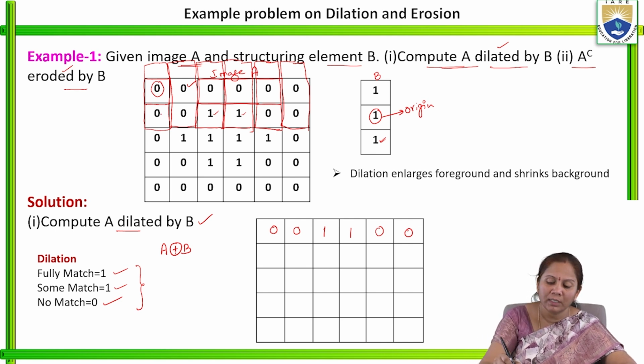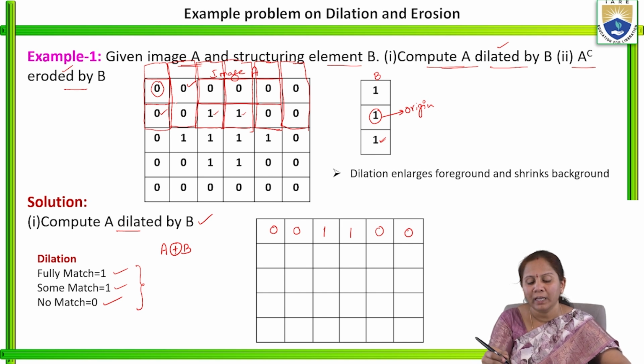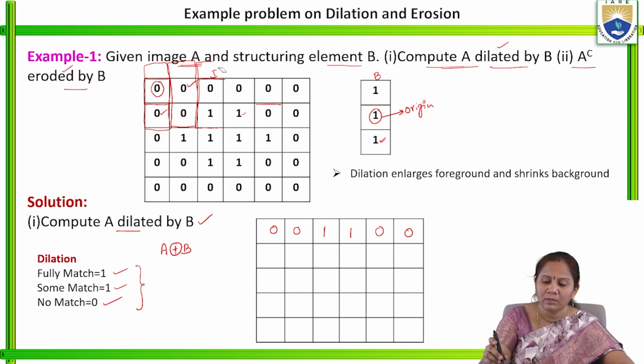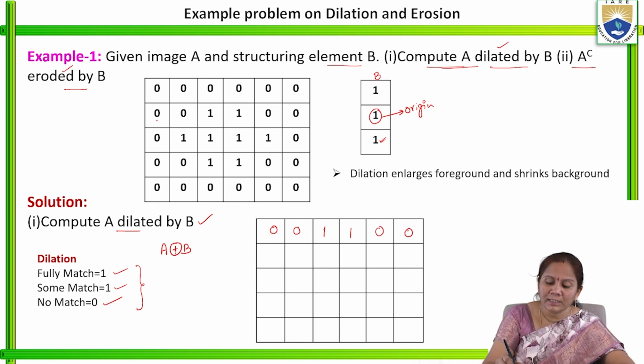Now the second row elements need to be found. In the same way we have to consider this mask, and this is the element we now need to find. We have to shift this mask such that the origin will lie on the pixel we need to find.